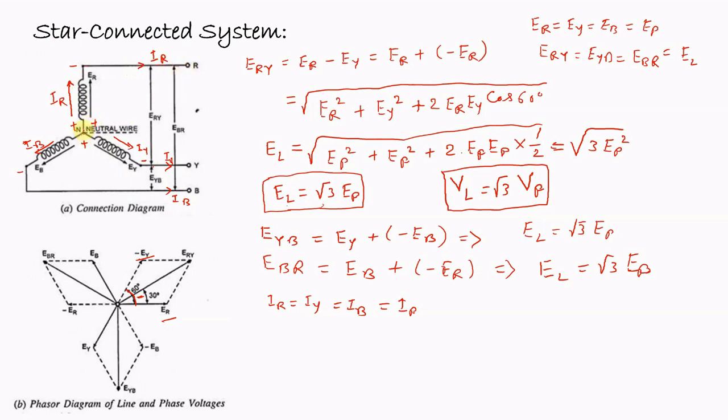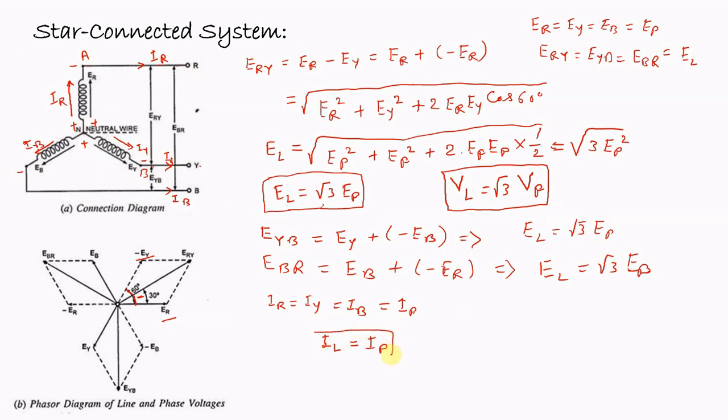As IR is starting from the neutral, it is going upward, let's say at terminal A, and now from terminal A it will go to the external circuit. And similarly, the IY starting from neutral, it will come up to the B point and then in the Y terminal, and similarly for the B. So therefore, in a star connected system, the line current should be equal to the phase current.